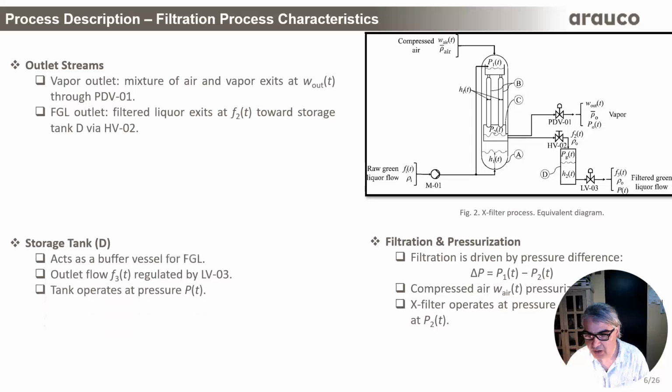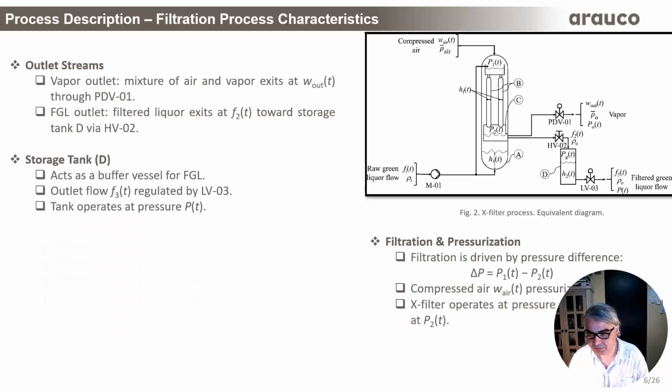Finally, the storage tank acts as a buffer regulating the final outlet flow. The process relies on low-flow cross-flow filtration, where downward liquid motion continuously cleans the filter surface, preventing particle adhesion and ensuring stable operation.